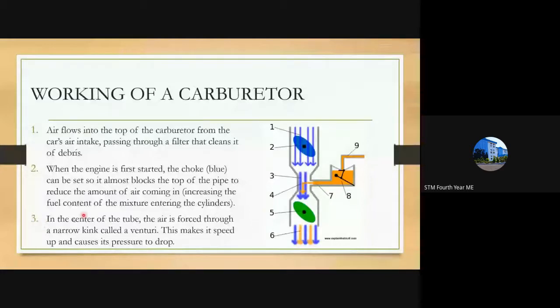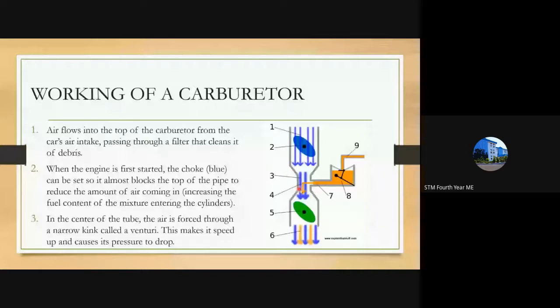In the center of the tube, the air is forced through a narrow kink called a venturi. I have told you before, a venturi is nothing but a pipe wherein the cross-sectional area decreases from the original cross-section. This is the original cross-section you can see, and it decreases into a narrow area shown here.